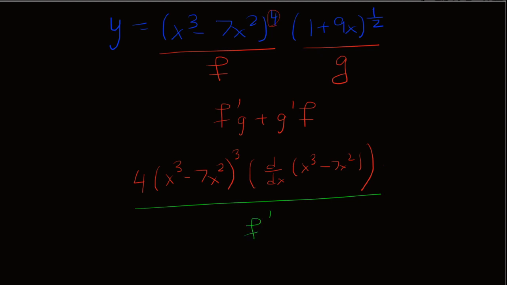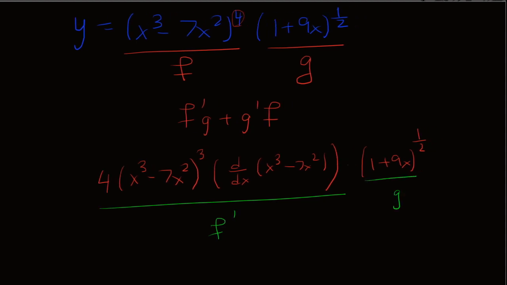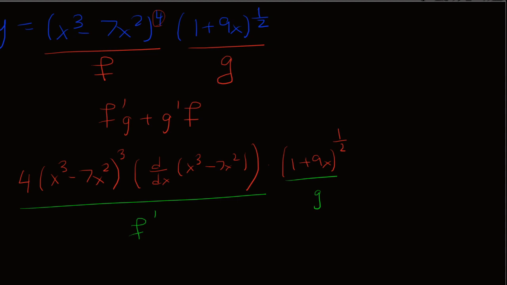We're going to multiply that by g, which is 1 plus 9x to the 1/2 power. And then we're going to take the derivative of g. Here we have to use chain rule again.